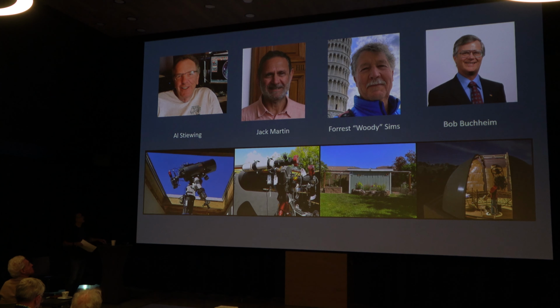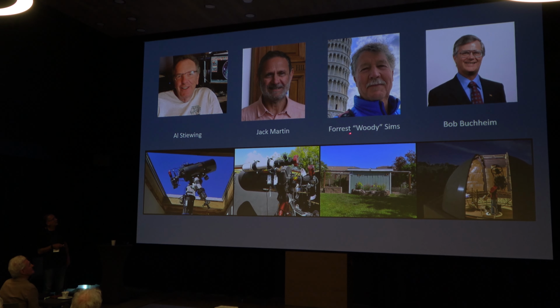So here are some faces. This is Al Stewing in America, and this is his setup, and it's very high up actually. The pier is very high up, and he has to get up a ladder to make all these adjustments. This is my setup in the UK.